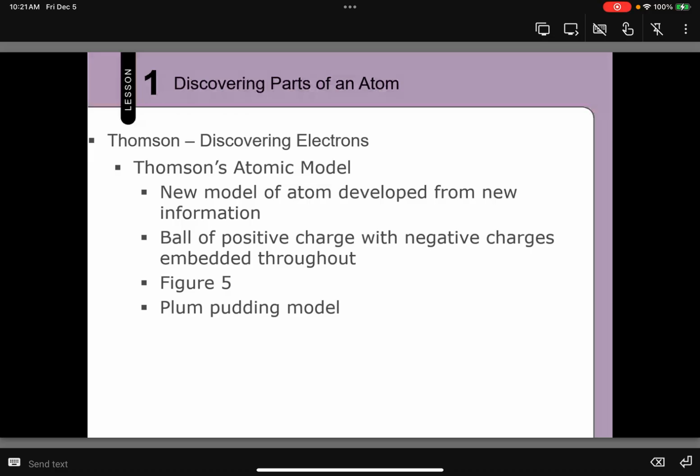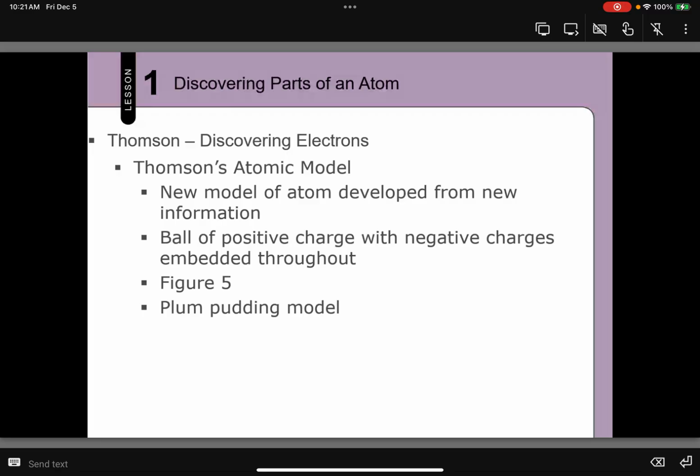Okay? So what he thought is that an atom was made up of a ball of positive charge that had these negative charges embedded throughout it. There's a picture of what he thought it looked like on page 317. So this ball of positive charge with negative charges embedded throughout it. If we're just looking at a picture of it, you can see how it resembles a chocolate chip cookie.